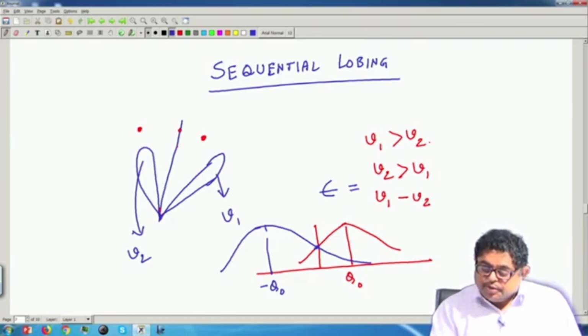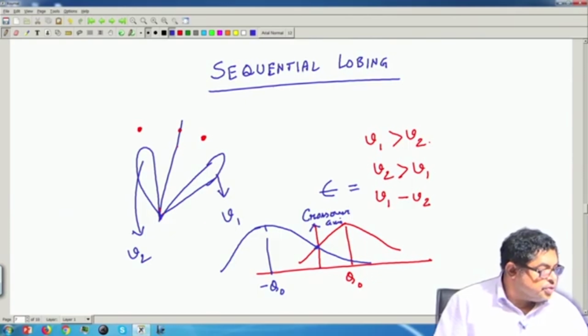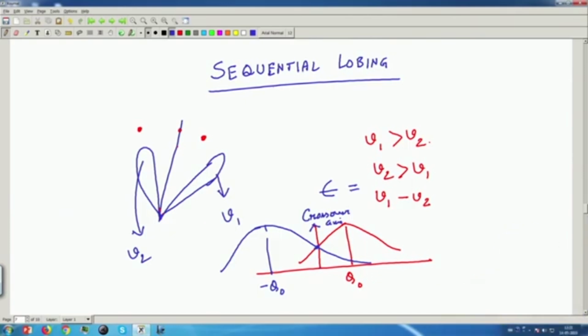If you draw from your reference, this is the crossover axis. The sign of the error signal gives in which direction you should move. The crossover axis is sometimes also called the switchover axis.